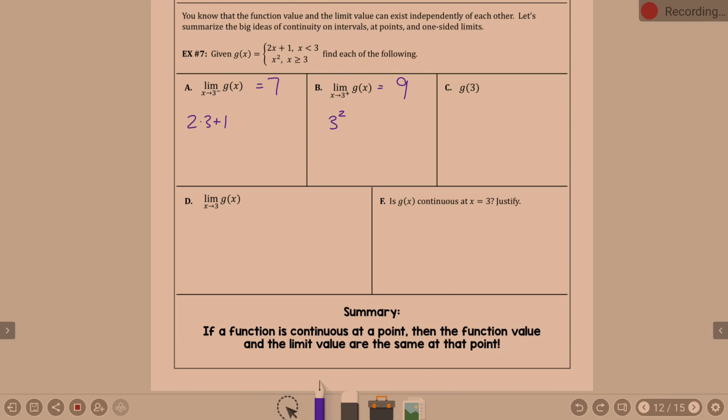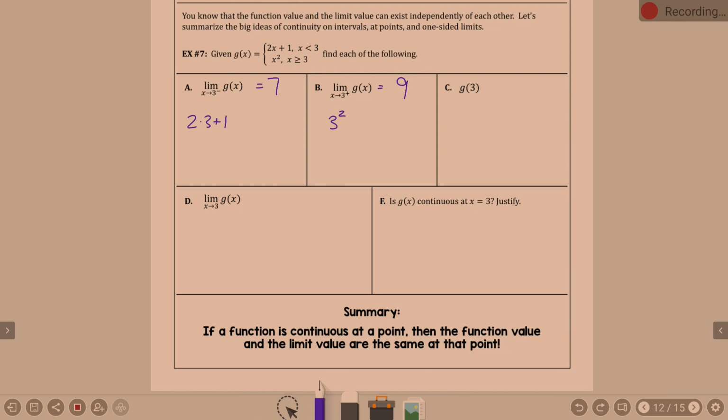2. No? No? D. When does g, defined here, when does g equal 3? On the right side.